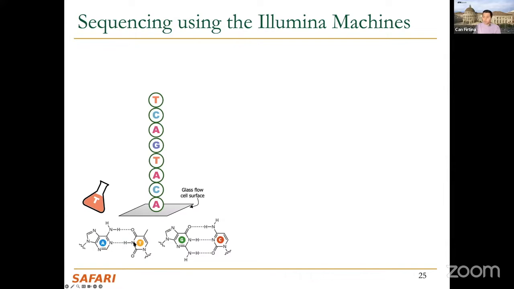Since we know this binding between A and T and G and C, you can assume that this particular molecule is attached to some surface. Let's say it's literally sitting here like this, and then we insert a bunch of ACTGs around it.